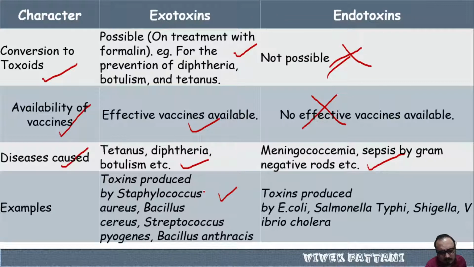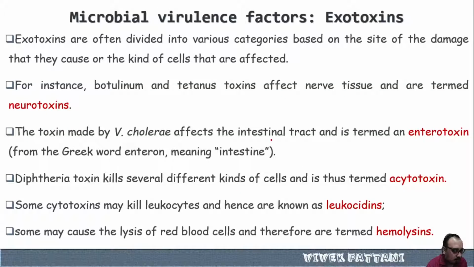There are more examples. The endotoxin producers are basically E. coli, Salmonella typhi, Shigella, Vibrio cholerae, etc. These are examples of bacteria which produce exotoxins and endotoxins.